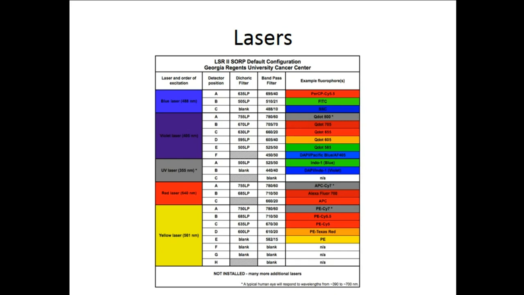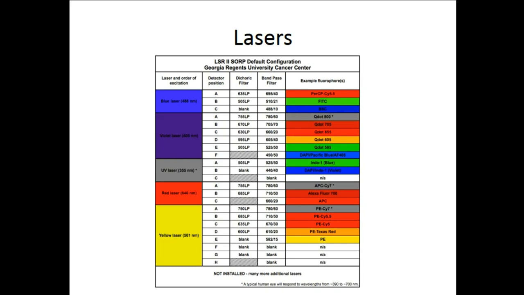Okay, and here's another example of different lasers giving different colors or different fluorochrome options. The amount of fluorochromes that you can use in a flow cytometer is increasing all the time.